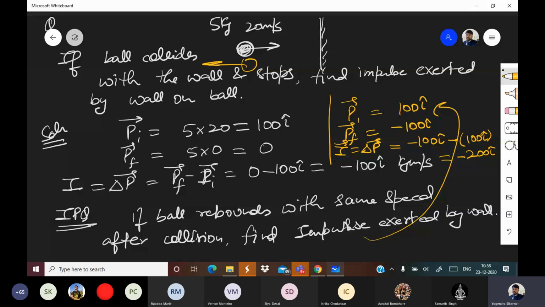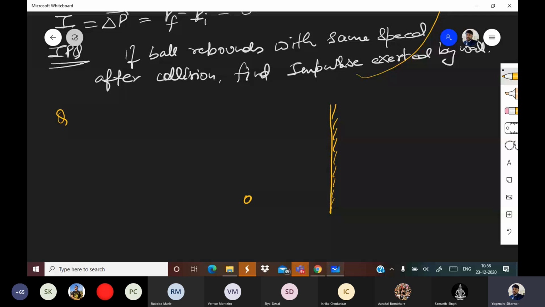Question. This is the ball. M is 5 kg. Velocity is 20 meters per second. The ball goes and collides with the wall, and it goes like this.